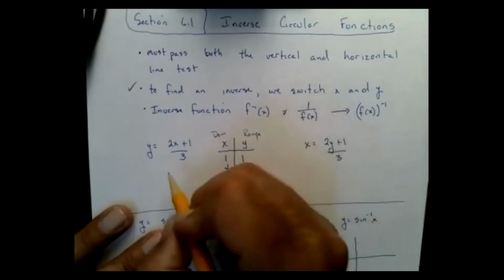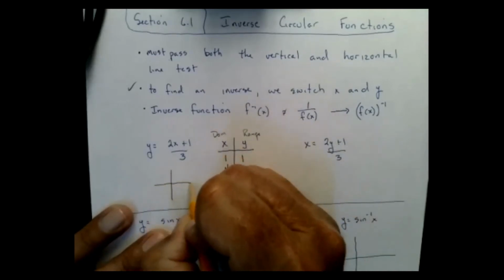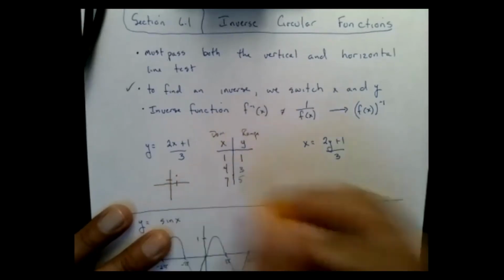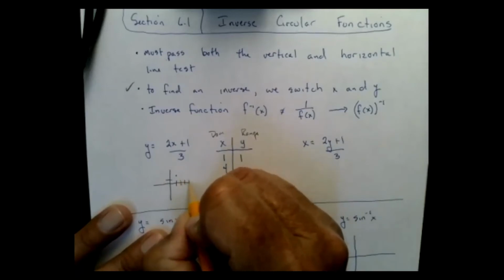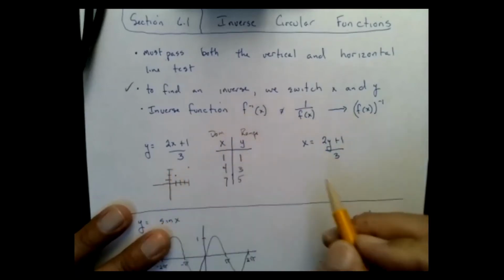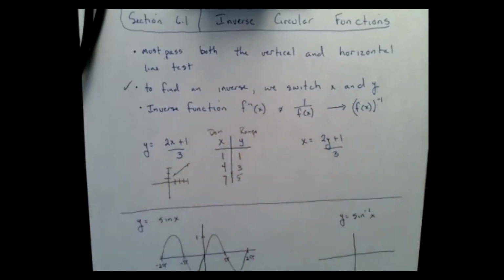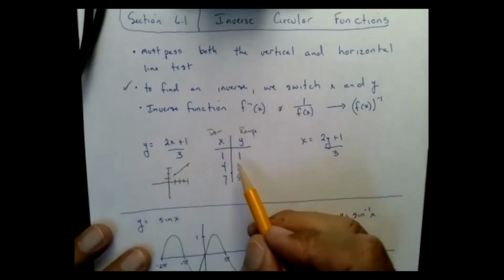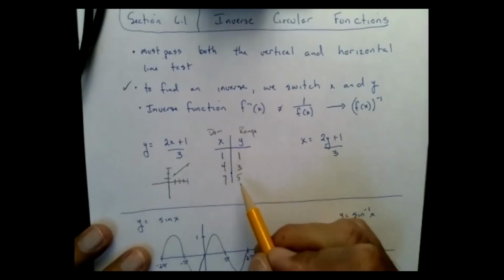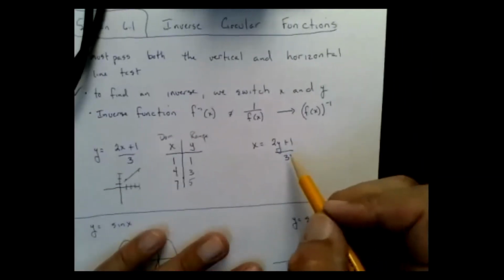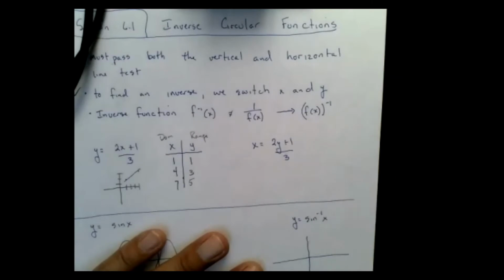So if I was graphing this, I would have 1, 1, 4, 3, 2, 3, 4, 2, 3, 7, 5, and I'd have a line. When I get ready to graph its inverse, I'm switching x's and y's because in my inverse function I switched the x and y.